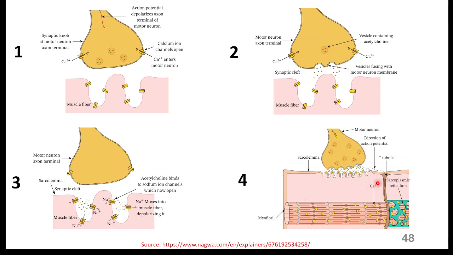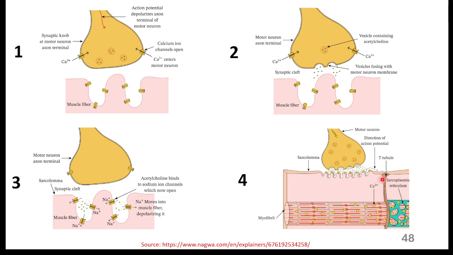If you look at picture number 4 here, the potential that is generated after sodium enters the muscle cell and depolarizes it will move along the membrane of the muscle fiber, initially along the membrane, then it will penetrate deep into the muscle cell along the T tubule system, the transverse tubule system.